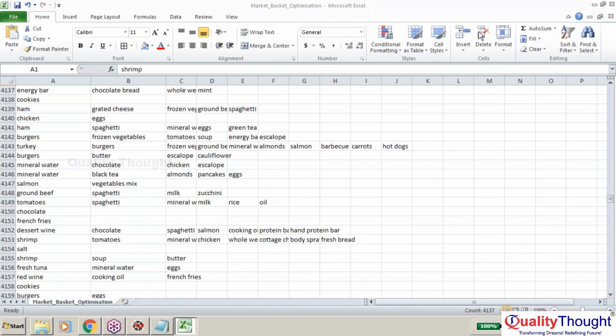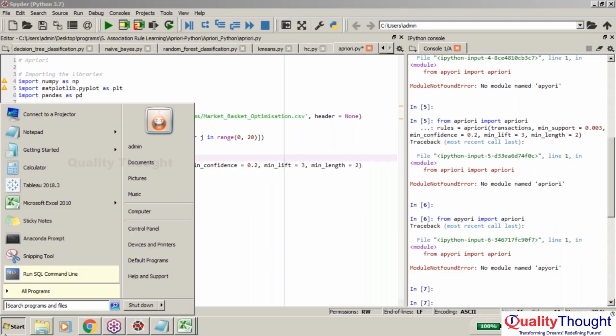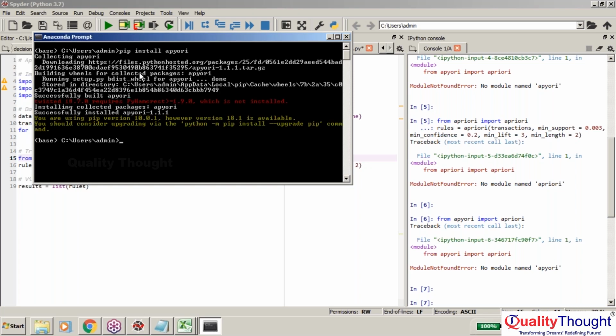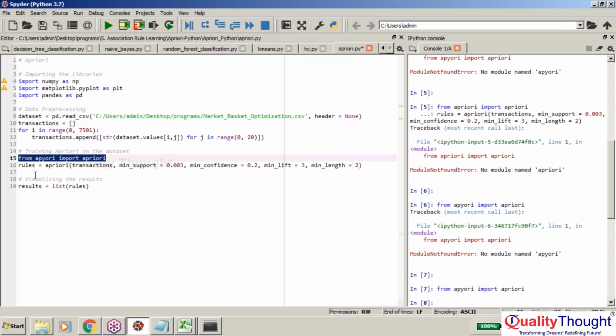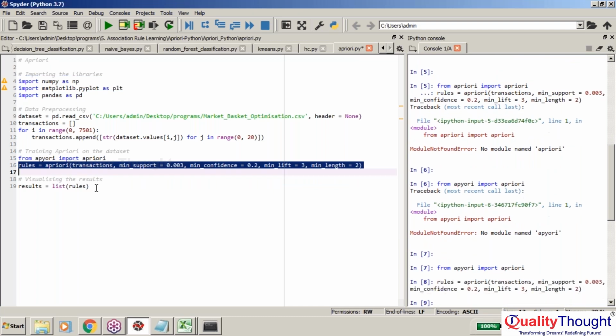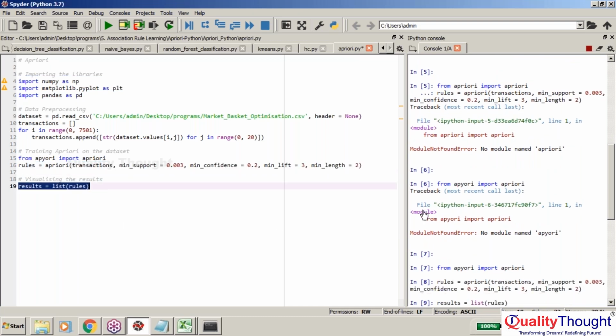Looks like I don't have the apyori library. So let me go ahead and install the apyori library. Now it was imported. Let me execute the rules.